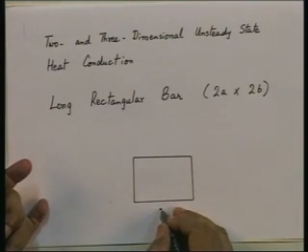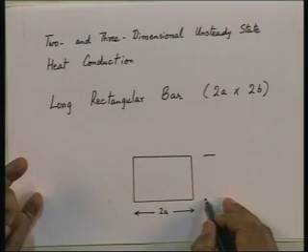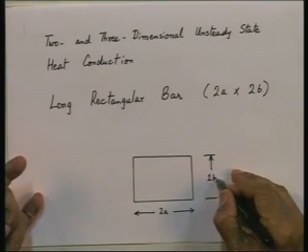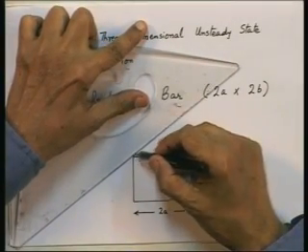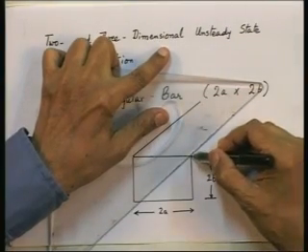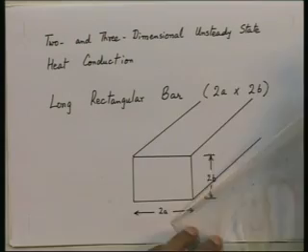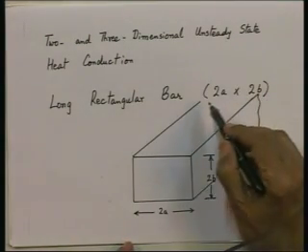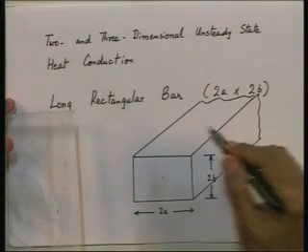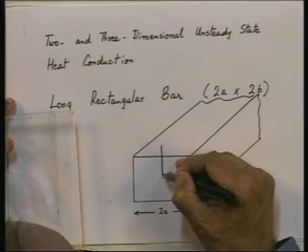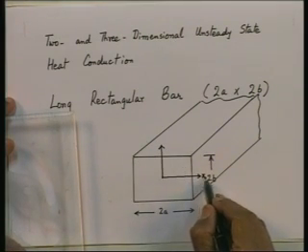This is 2a, and this is 2b. A long rectangular bar whose cross section is 2a by 2b, long in the z direction, like this. All right. And let us say the center line is the center of the bar, that is here. So, this is our center line, the origin of the xy coordinate axis. So, this is x, this is y.